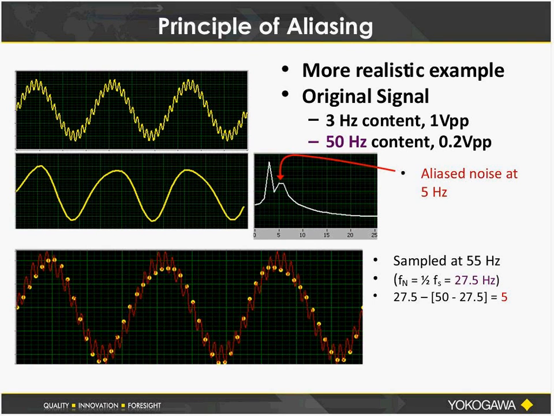If we do the math here, if we do half of that frequency, it's 27.5 hertz, which is our fold-over frequency or the Nyquist frequency. We'll find that this distorted frequency again is manifest as a low frequency 5 hertz noise. So in fact, if you look at the bottom trace and you connect the yellow dots, they are going to be connected as a distorted 3 hertz waveform with some 5 hertz content in it.